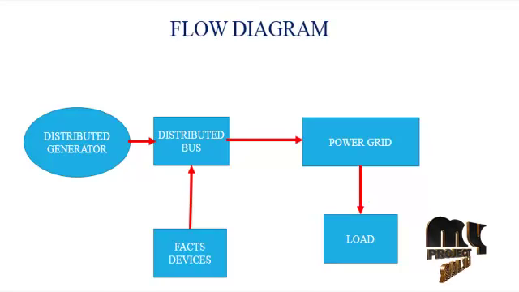Overall, with the distributed generator using FACTS devices, power is transmitted very efficiently and the power factor is maintained at unity. On the power grid side, power factor correction is a major problem, so we implemented FACTS devices to address it.